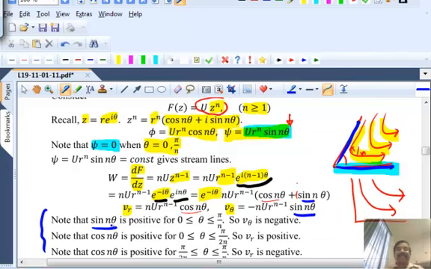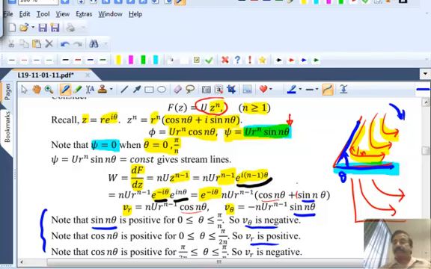For example, sin n theta is positive for theta between 0 and pi over n. So V theta is negative. Okay, V theta is negative means you must have a V theta component in this direction because I'm measuring theta in that direction, positive. Okay, and similarly, cos n theta is positive for theta between 0 and pi over 2n. So Vr is positive.